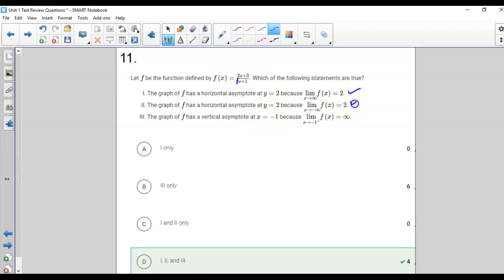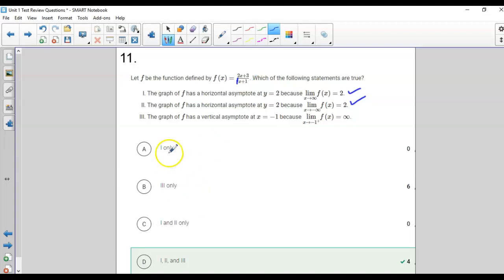So this second one is also true. And then the last one says the graph of f has a vertical asymptote at x equals -1 because the limit as x approaches -1 from the right of f of x equals positive infinity. So I can tell here that this has a vertical asymptote. That is a true statement.